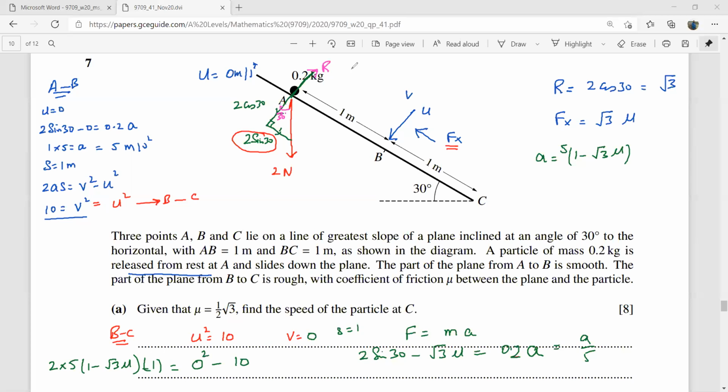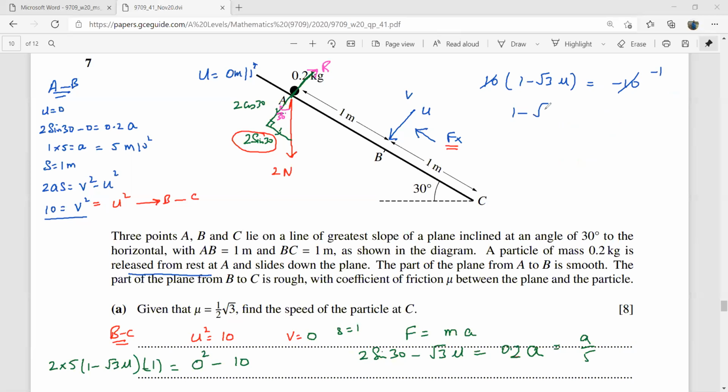Let's simplify this. Let me clear all this area so that I can do some working here. Acha bachcho. So this is going to give me now 10 into 1 minus, I'm not using the calculator at all. This is equal to minus 10. So 10's cancel, we have minus 1 here.